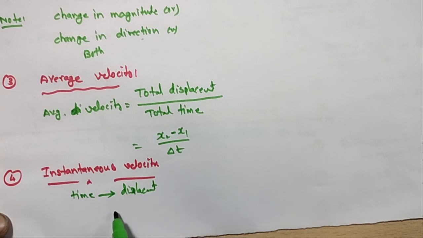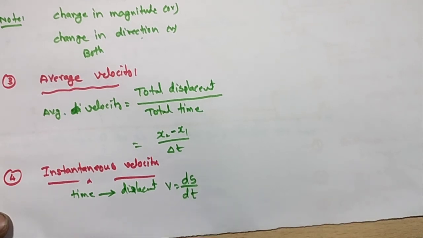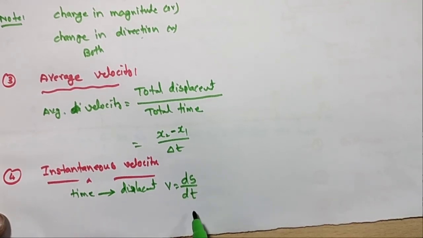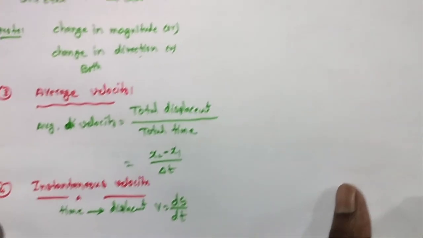So this is instantaneous velocity: V is equal to ds by dt, the rate of change of position with respect to time.